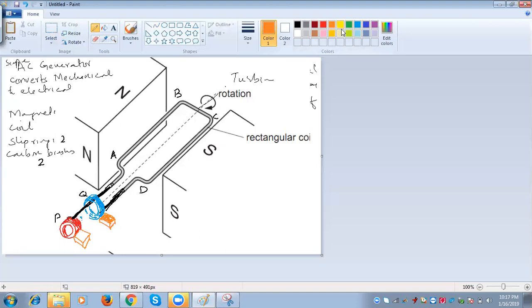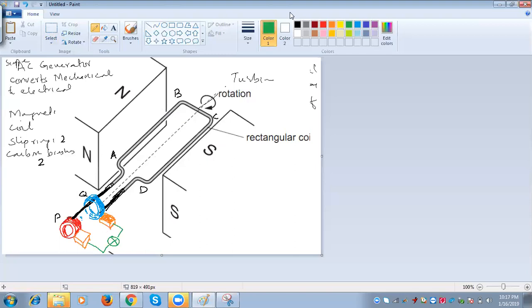And this is connected to, say, some load or bulb here. The bulb will glow when this rotates. There is no source of EMF. So what happens actually? Let us apply Fleming's rule.